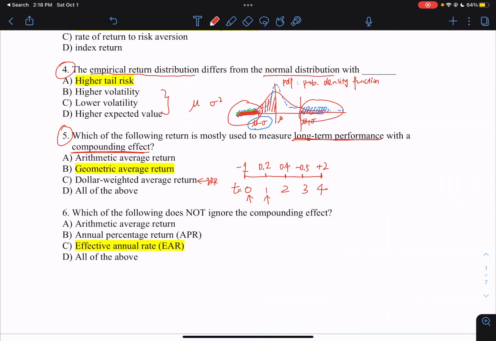What you want to do is back out the implied rate of return from this cash flow. You might want to compare this cash flow with, for example, investing in the S&P 500, where you know the expected return and the historical performance.